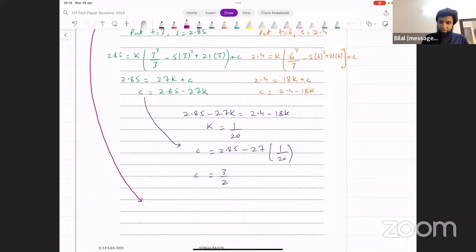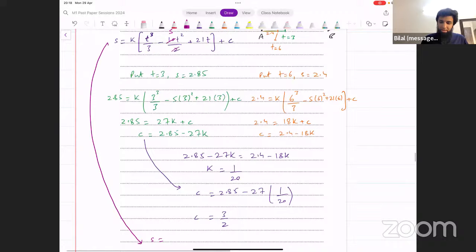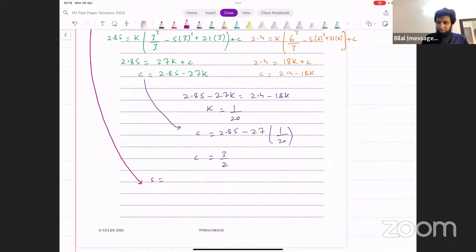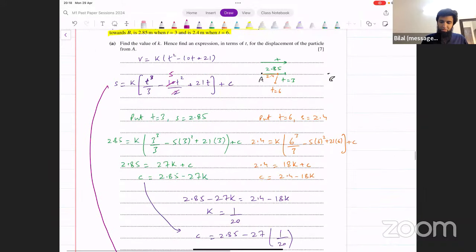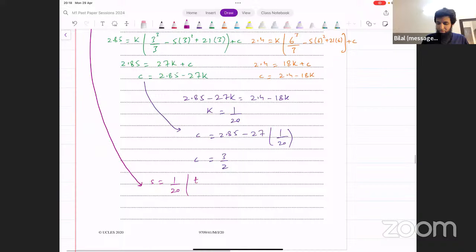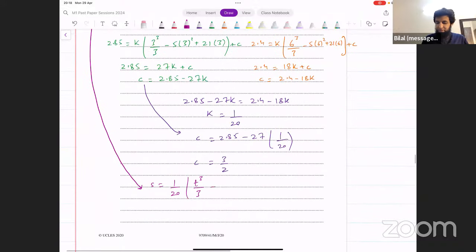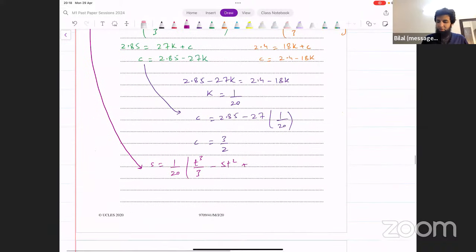What does this turn out to be? S equals k, which was 1 over 20, multiplied by t cubed over 3 minus 5t squared plus 21t plus c, which is 3 over 2.